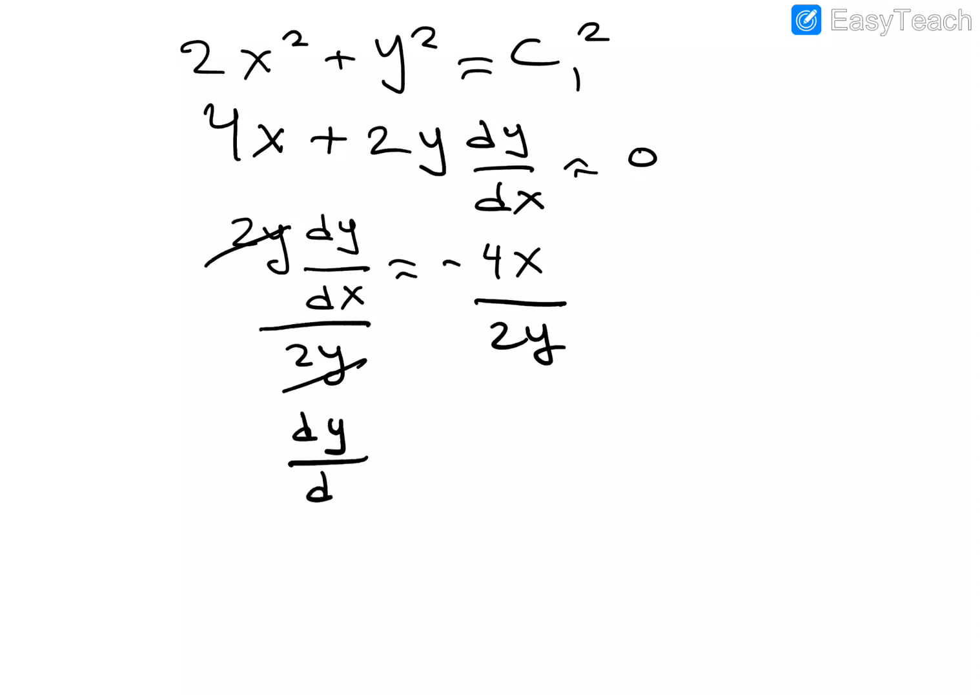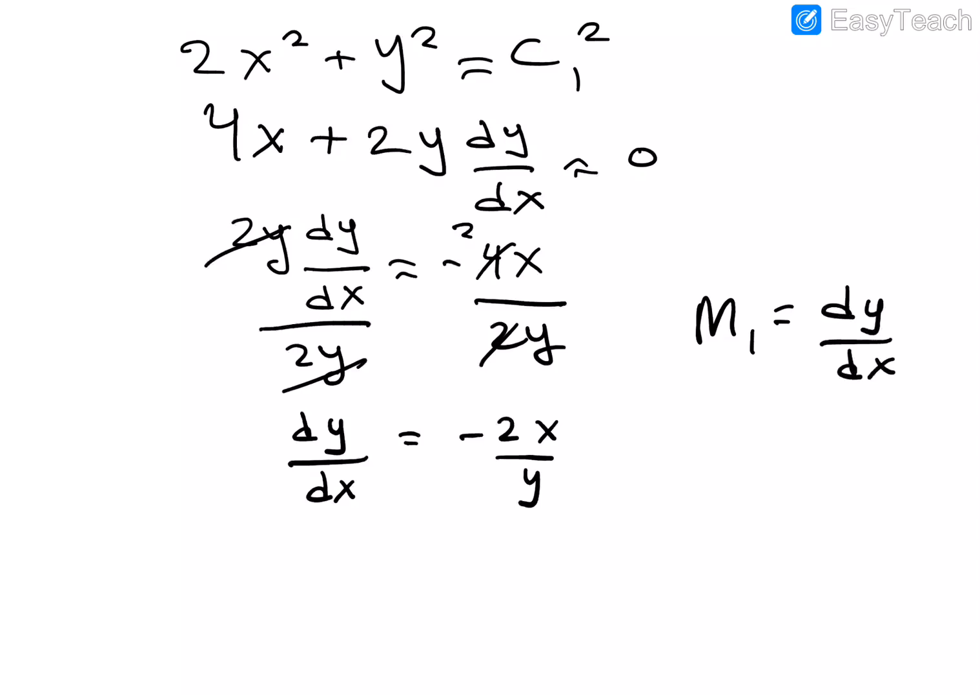We're going to get dy dx equal to negative 2x over y. And remember, our m1 was equal to dy dx. So this will equal m1.